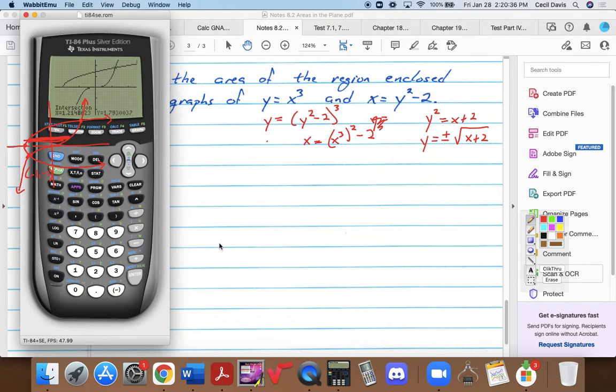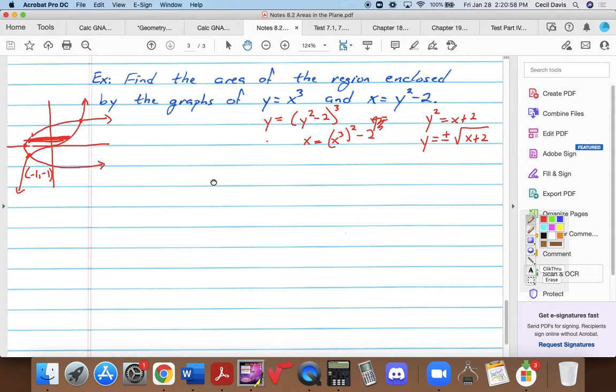I'm going to guess 1.414. Ah, well, that's not bad. 1.21, etc. And I don't really want that though. I want the y coordinate.